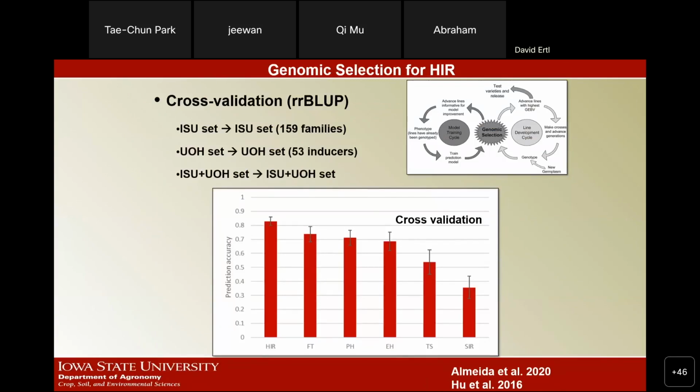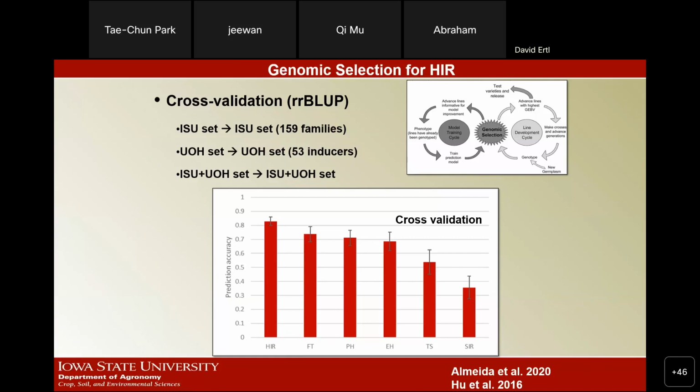We did an initial study with the first set of inducer families that we had available, maybe 6-8 years into the DH facility, about 160 families. And we were genotyping those. We had the phenotypic data, and there were also some public inducer lines available, and we asked whether genomic selection is promising.